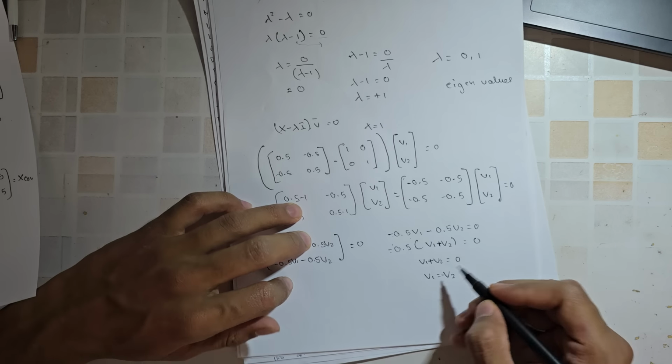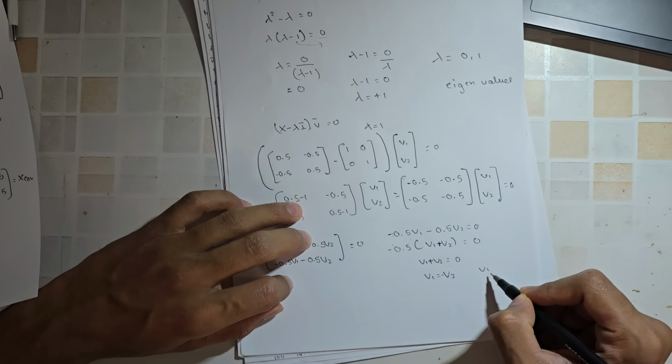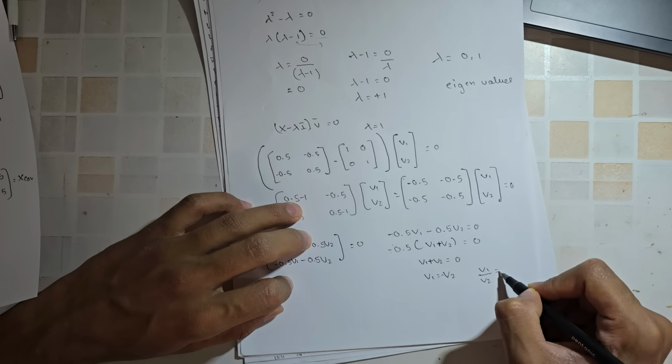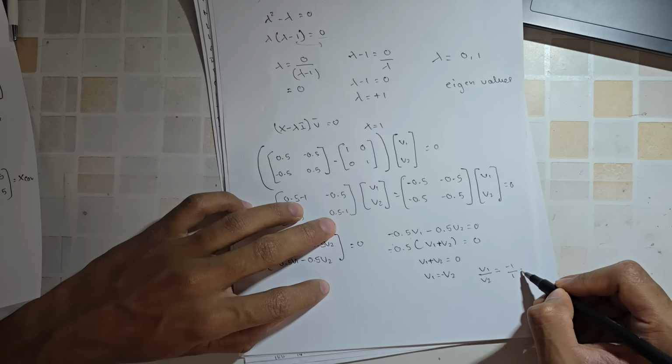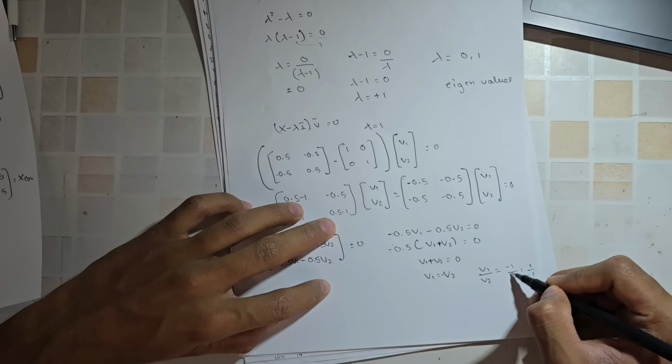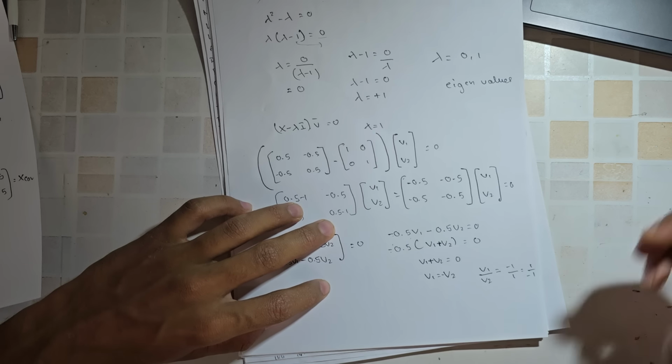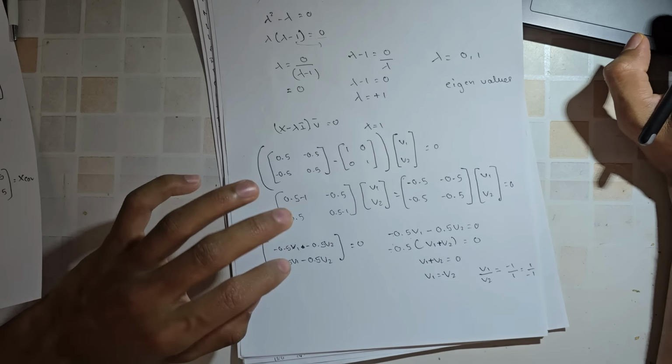Okay, so we can also write this as v1 divided by v2 is equals to minus 1 divided by 1. Or you can also write 1 divided by minus 1, because the actual answer at the end will be the same, right? So that's not a problem.